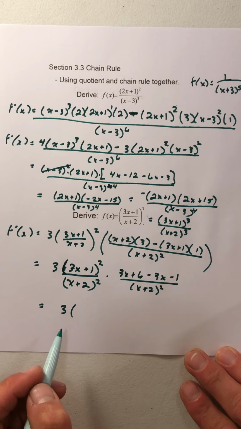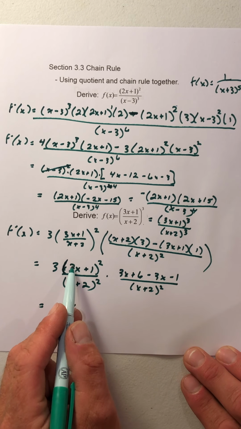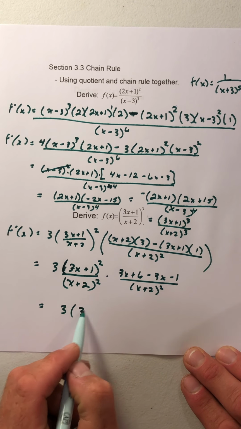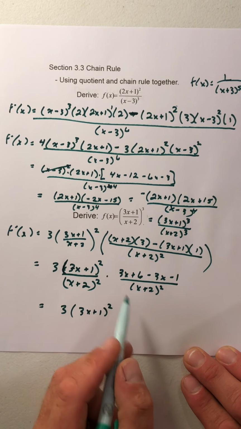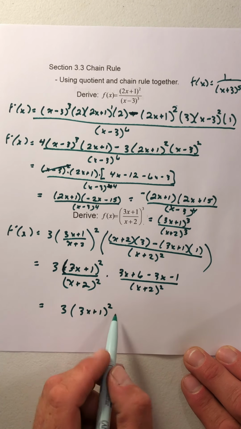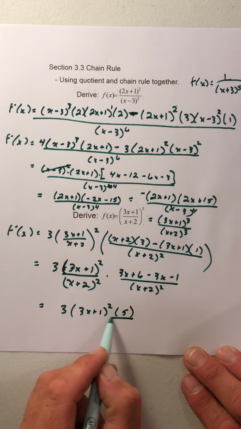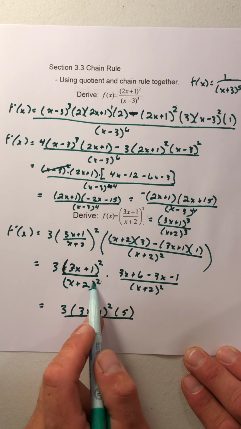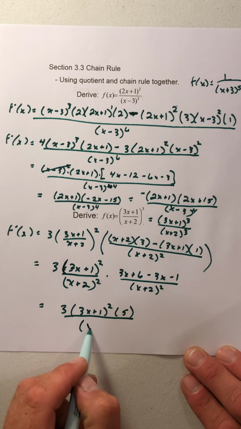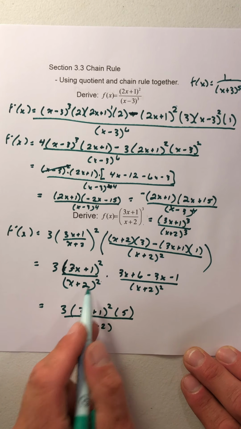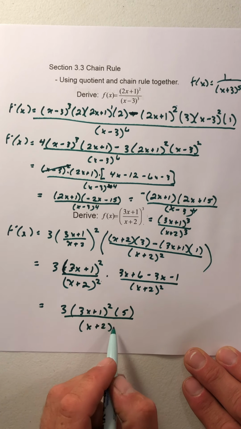We got one more thing that we can do to clean this up just slightly. We have (3x plus 1) to the second. Actually, we got a couple things here. 3x is going to cancel, so we end up with a 5 being multiplied together. We have (x plus 2) squared times (x plus 2) squared. We add exponents. We're multiplying with a common base.